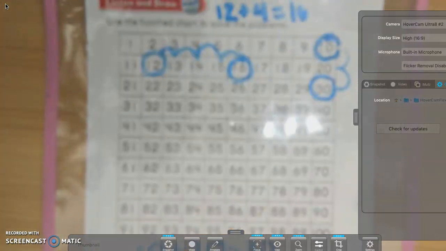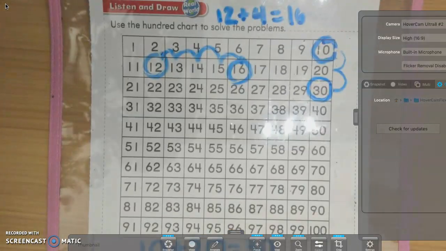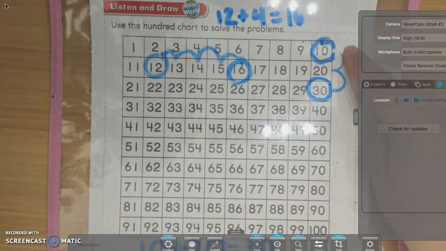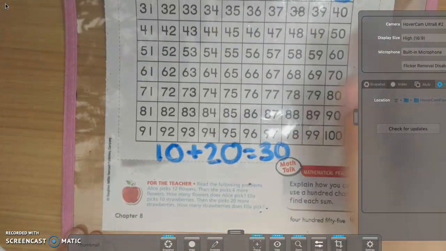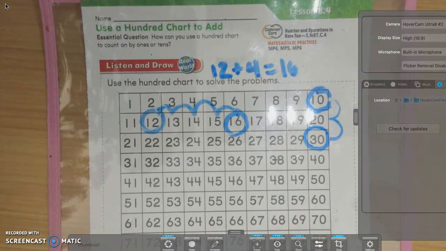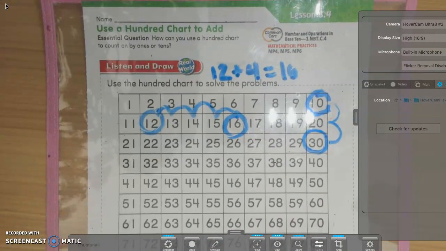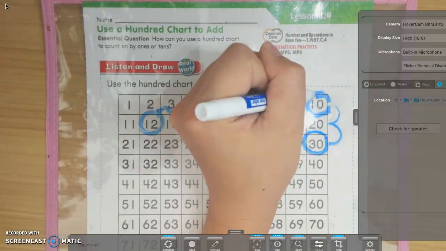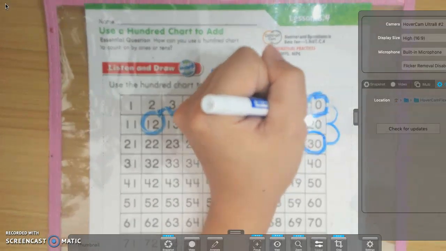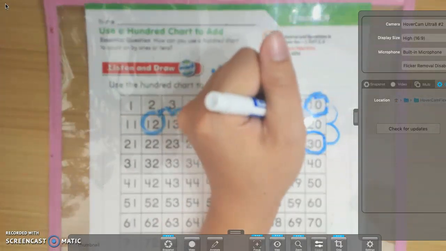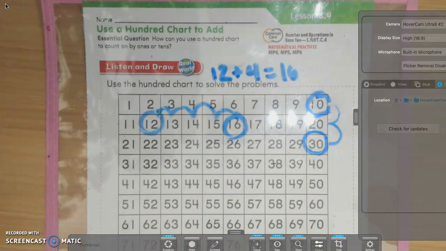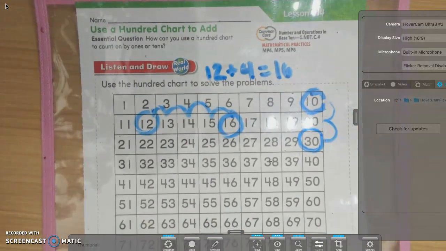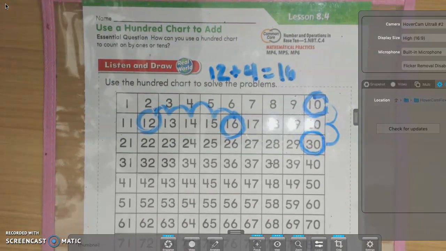So the ones change. But when you look at this problem, 10 plus 20 equals 30. What place changes? Does the ones change or the tens? Oh, I hope you said the tens changed, because you notice that in the first number we added, we had 1 ten, and then we got the sum, we had 3 tens or 30. Great job. I'm going to flip over and show you a few more before you get to work on your own.